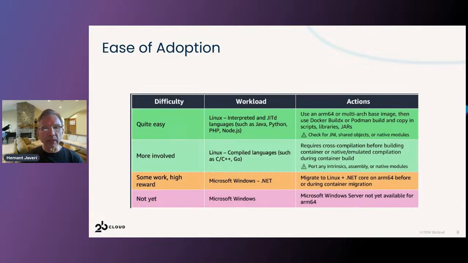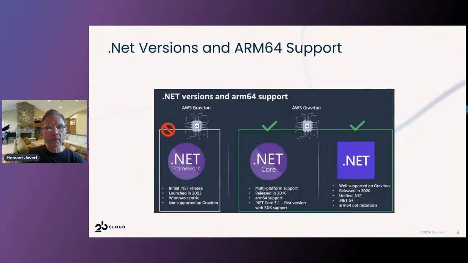The more difficult option is where you need to recompile C or C++ code and then redeploy it. And the last option is if you have a Microsoft Windows .NET application. There are lots of videos that highlight how you can do that, but the idea is you need to recompile your .NET Core again for the Graviton processor, and once you've done that, you're ready to deploy your code on Graviton.